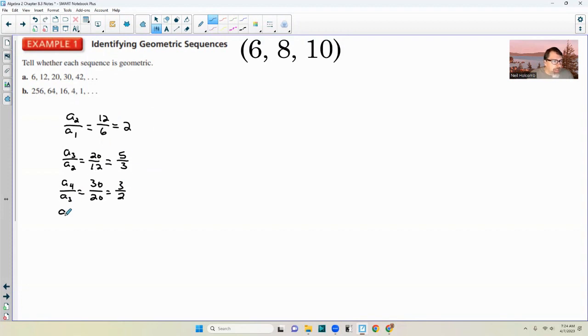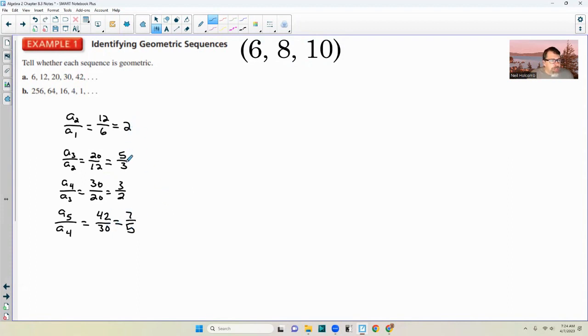And then finally, a sub 5 divided by a sub 4 equals the fifth term, which is 42, divided by the fourth term, which was 30. That reduces to 21 over 15. And 3 will go into both of those. That'd be 7 over 5. There we go.